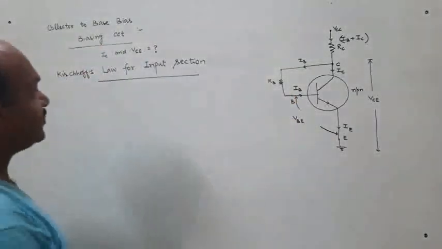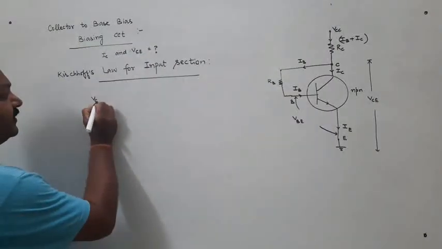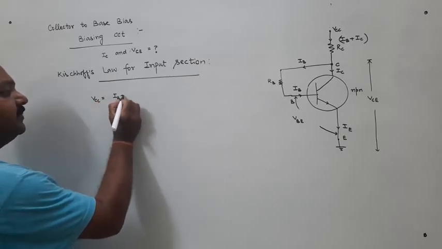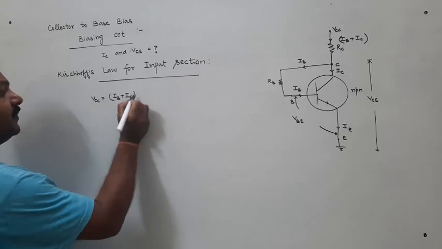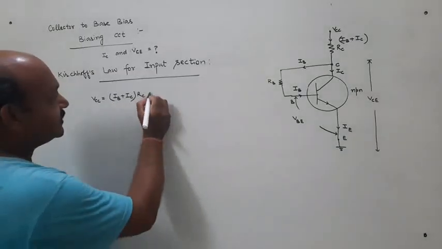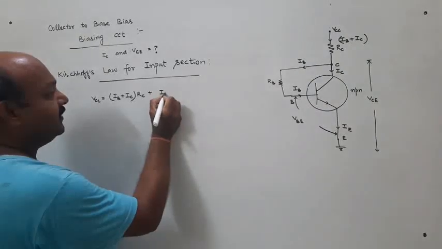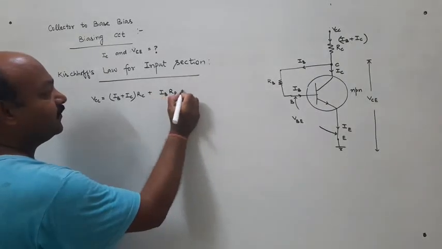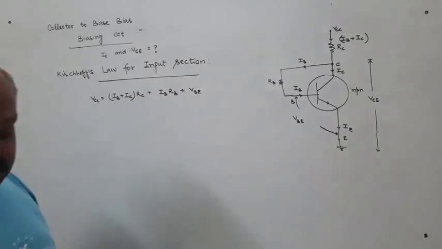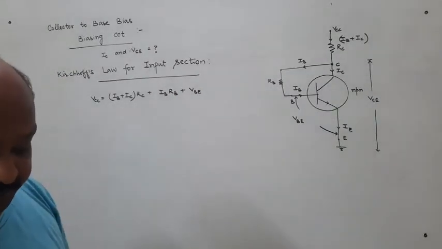So if we apply Kirchhoff's law, what will we get? VCC is equal to (IB plus IC) RC plus IB RB plus VBE. So this is our Kirchhoff's law.